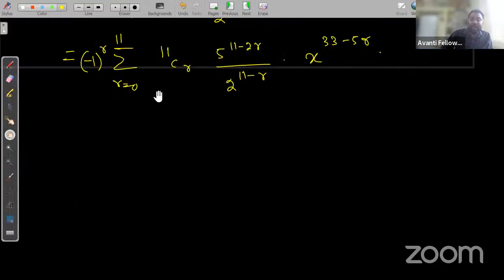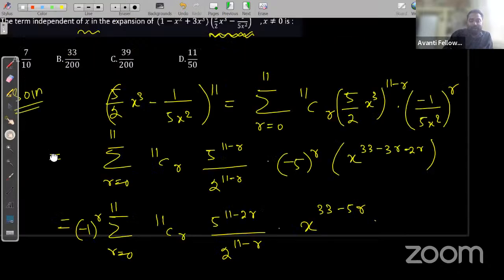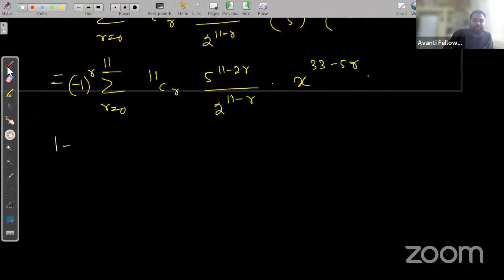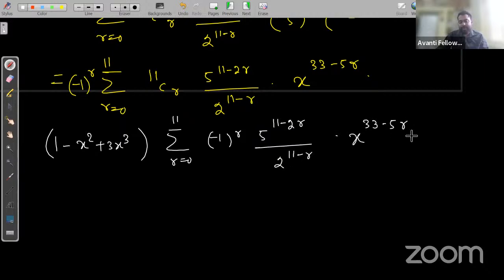So let's multiply now with the binomial: 1 minus x square plus 3x cube whole into, let's write this inside also, summation r is equal to 0 to 11, minus 1 to the power r, 5 to the power 11 minus 2r upon 2 to the power 11 minus r into x to the power 33 minus 5r.